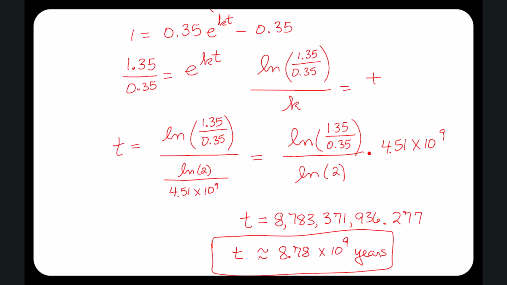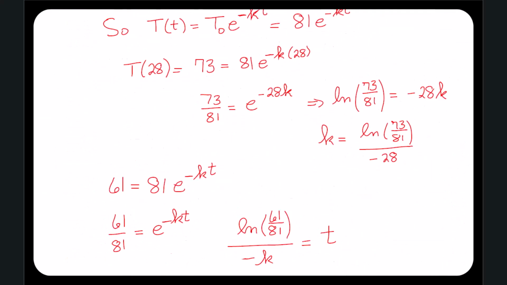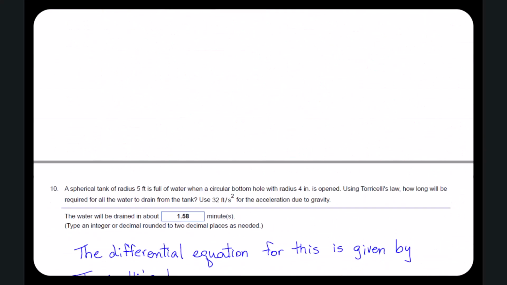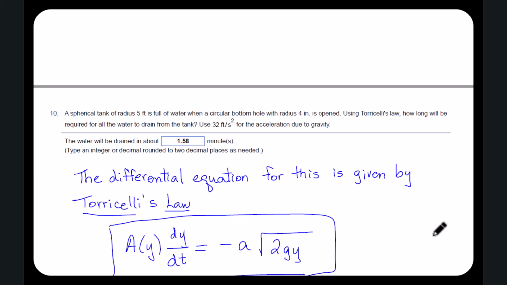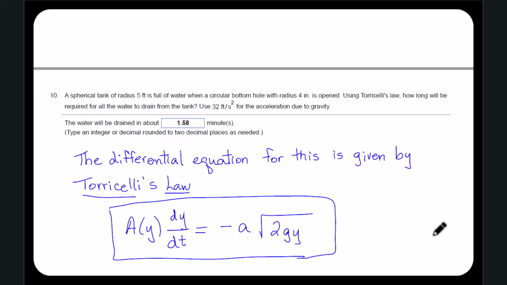Alright, another challenging problem is problem 10. So I have a spherical tank with a radius of 5 feet, full of water, and it has a hole in the bottom, and the hole has a radius of 4 inches. So already, from all of your knowledge in physics problems, you see the units are not matching, so we're going to have to patch that up later.